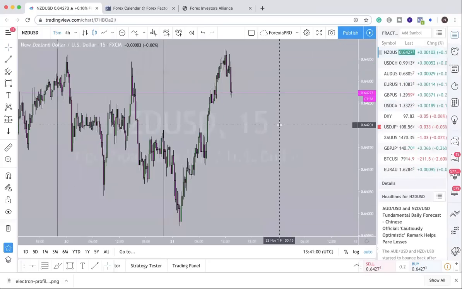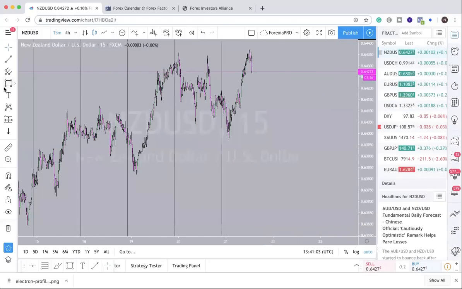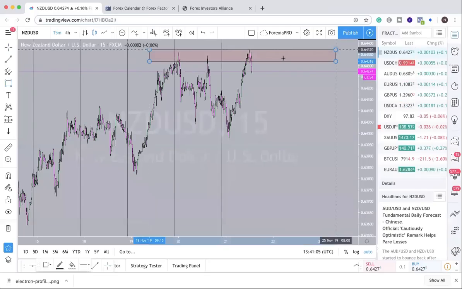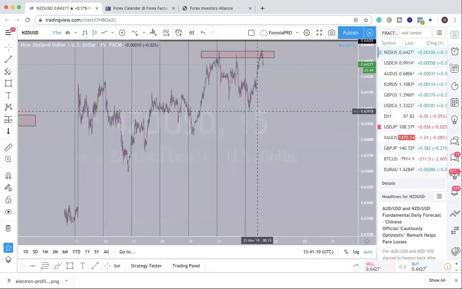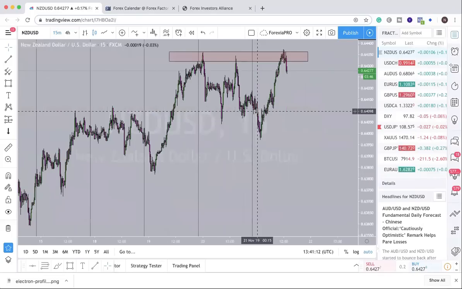NZD/USD I was looking at looks like a pretty nice setup as well. Similar to the Euro/USD setup where they're working off the highs.